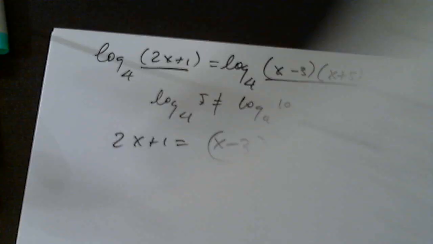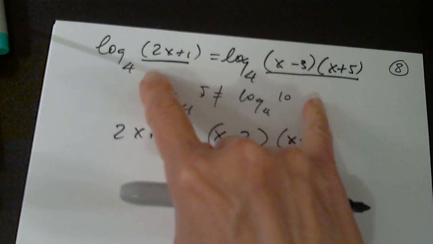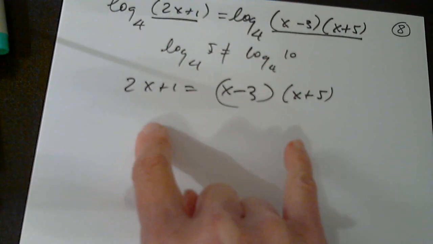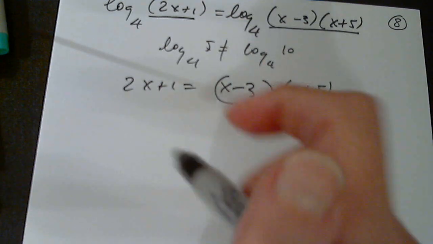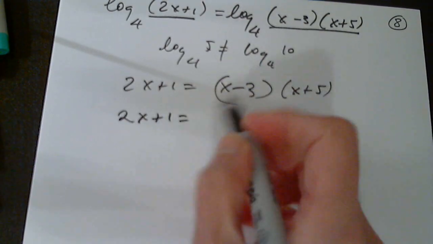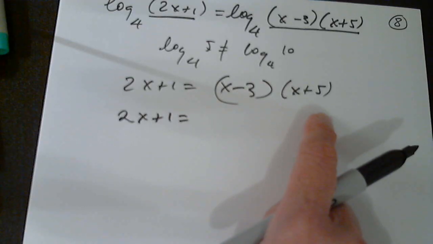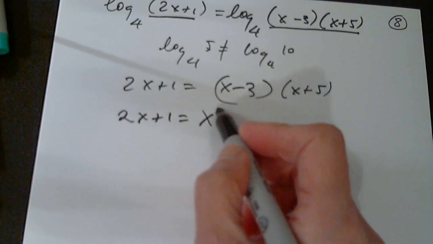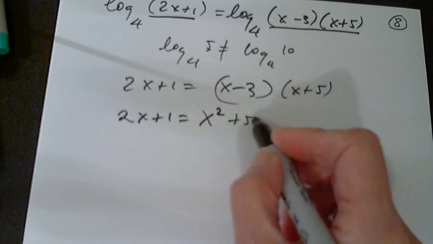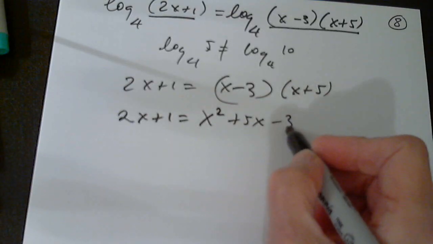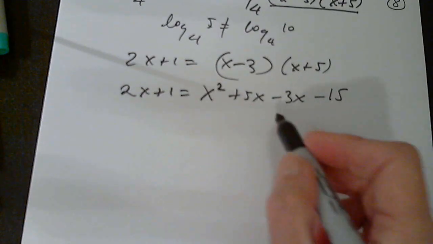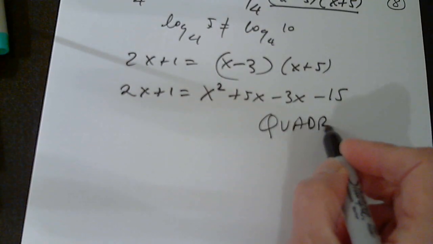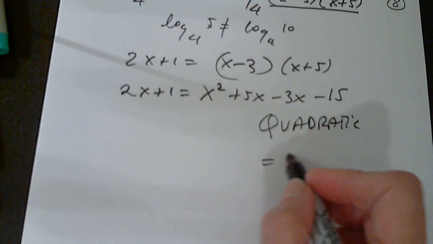So now, from a complicated log equation, I changed it into a simple log equation, and now I change it into a polynomial equation, which is quadratic. So the left-hand side is 2x plus 1. The right-hand side I have to distribute. X squared plus 5x minus 3x minus 15. Quadratic. I have to set it equal to 0.